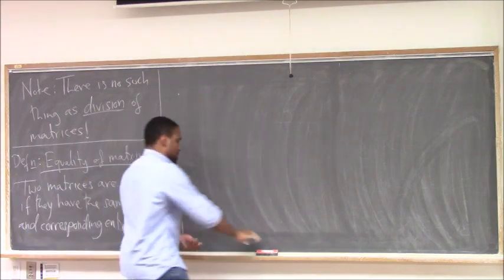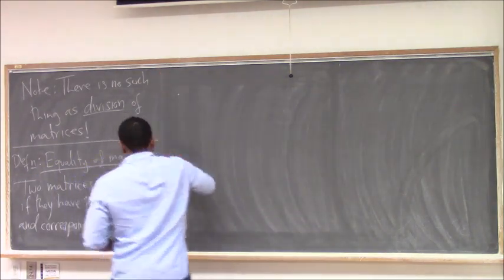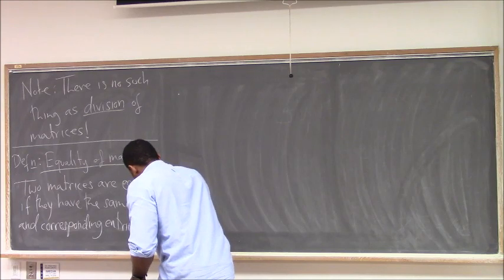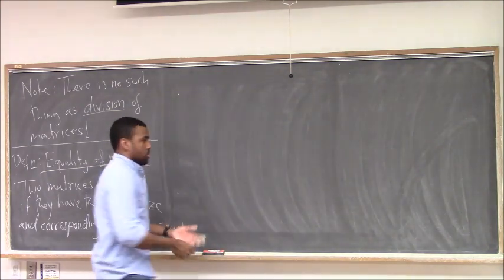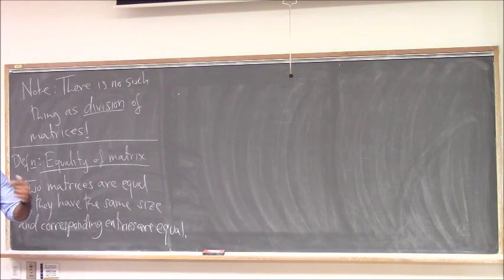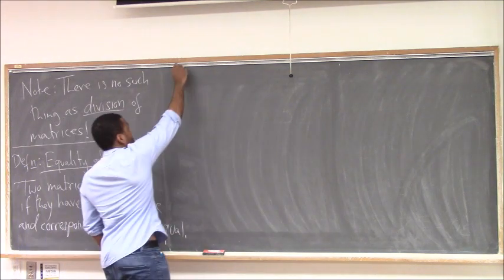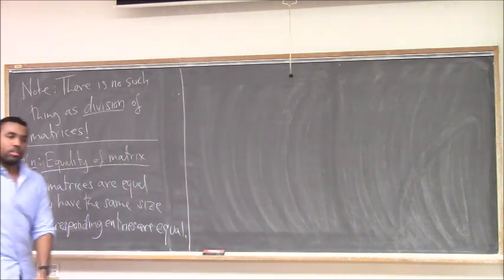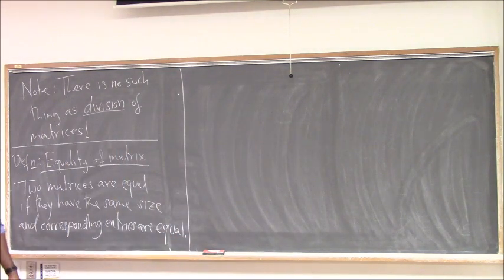Right, so yes, two matrices, as long as they're the same size and the corresponding entries line up, are equal. But that's because if you think of setting two functions equal to each other, and you look at all the variables and all the coefficients of the variables are the same, then the two functions are the same. So it's not as straightforward as you might think. It's something that you have to justify to yourself.